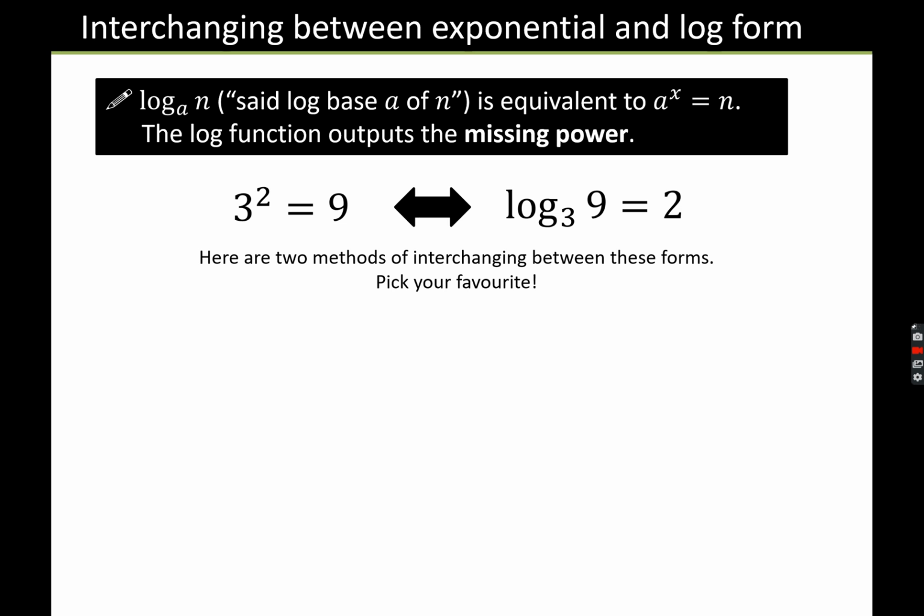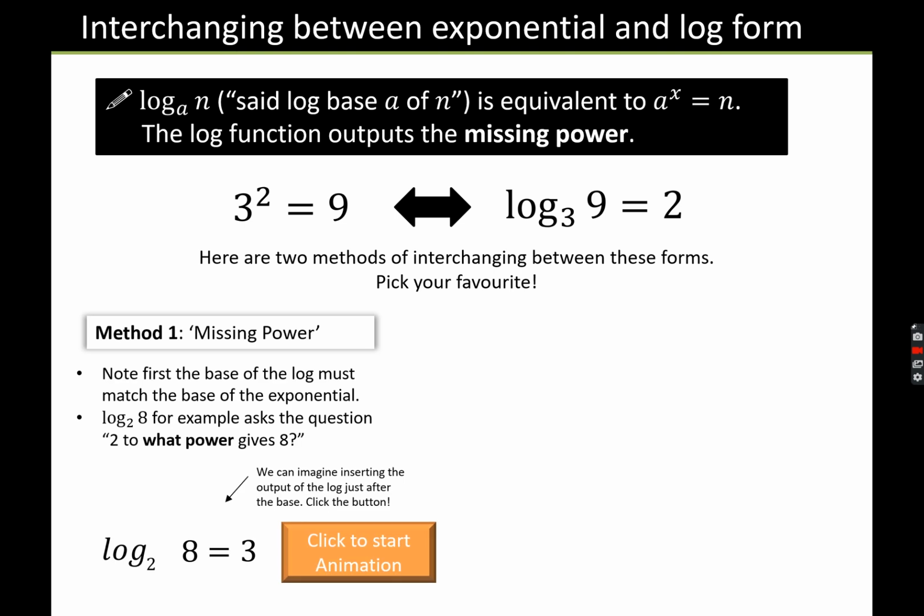Okay, now there's two ways of interchanging between them. Okay, so we've got one that's a missing power. So first, the base of the log must match the base of the exponential. So for example, for this one, I've got a base of 2. Okay, therefore, I must have a base exponential of 2 as well.